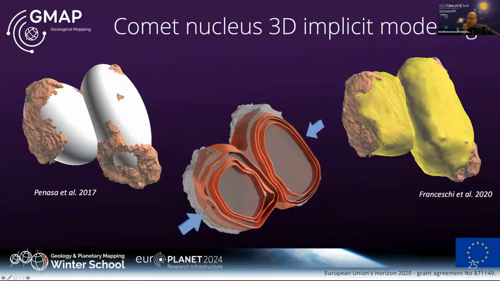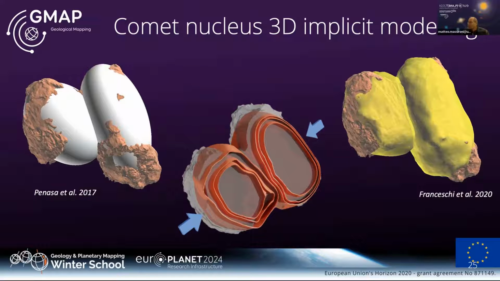So from the measurements, it's possible to create geological sections directly. And if we have enough measurements, it is even possible to make 3D implicit modeling. And this is actually the only implicit modeling ever done on any planetary body except Earth.